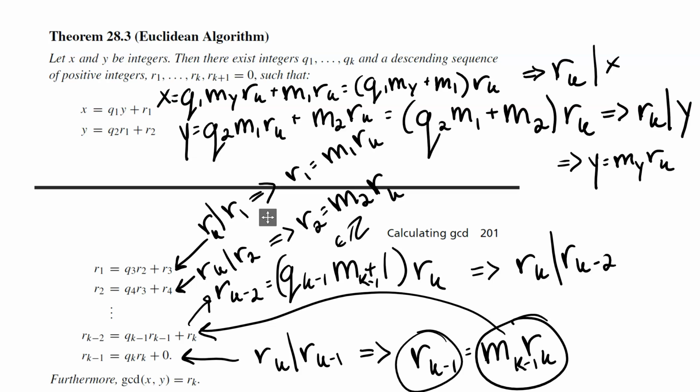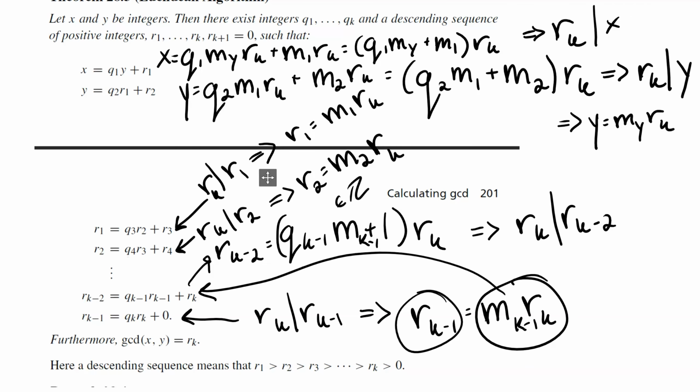Okay, so now we know that rk is a common divisor, but remember, that's not enough. We want it to be the greatest common divisor. Well, I'm not going to prove it unless there's popular demand. You can email me if you really want me to prove it, but I'd rather go through an example. But what it comes down to with why this is going to be the greatest is because of how the division lemma is set up.